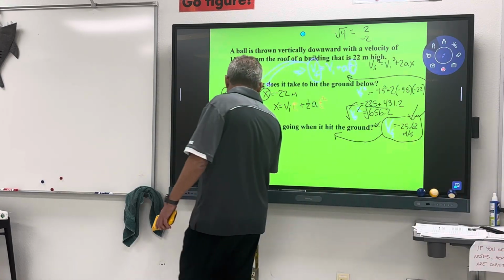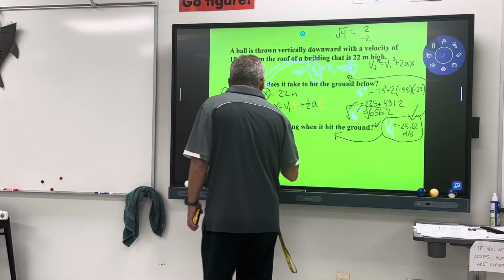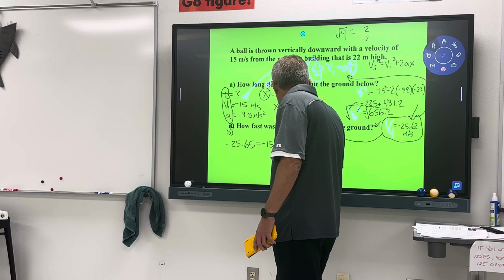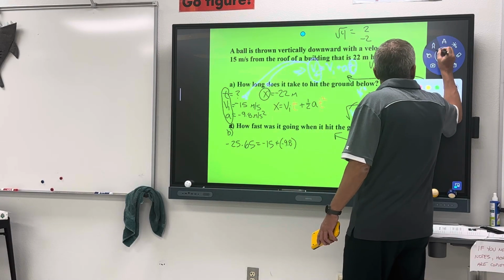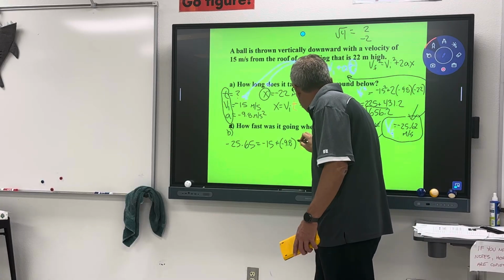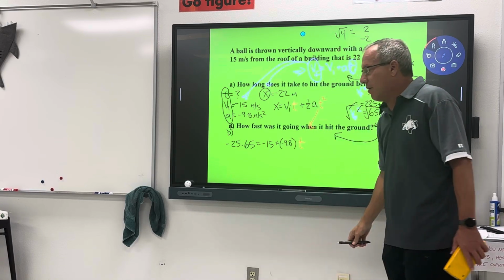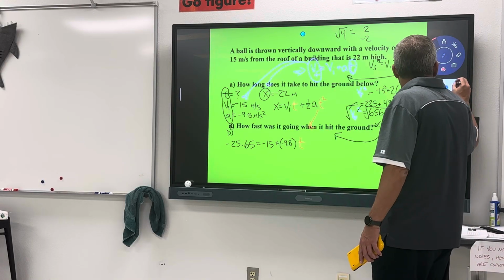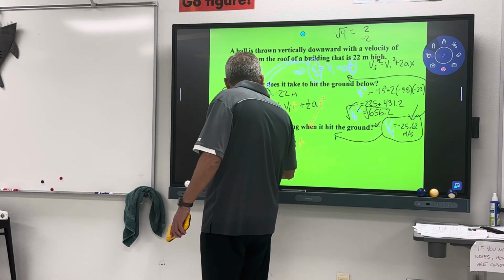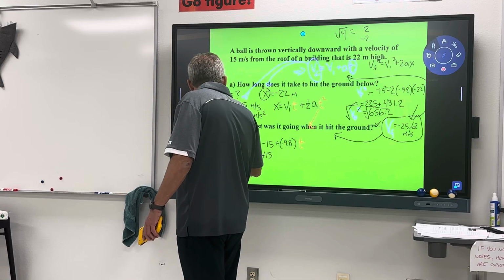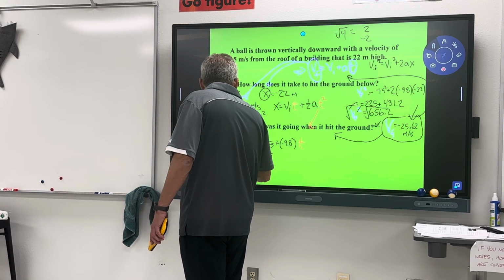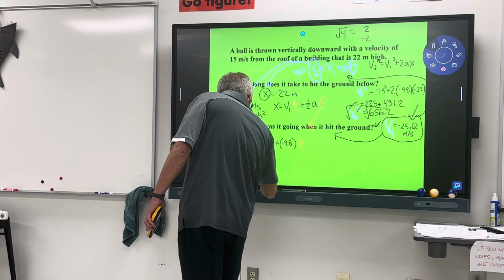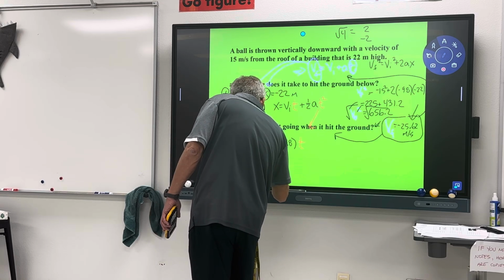So this one must be negative 25.62 equals negative 15 plus negative 9.8 times t, and here we go, we're solving for time. This is the time we had up here, and I just run the algebra on this. I will add 15 to both sides. Cancel, cancel. And this becomes negative 10.62 equals negative 9.8 t.